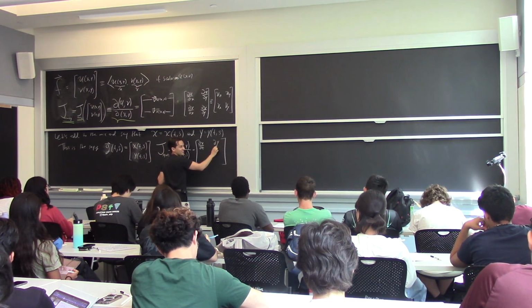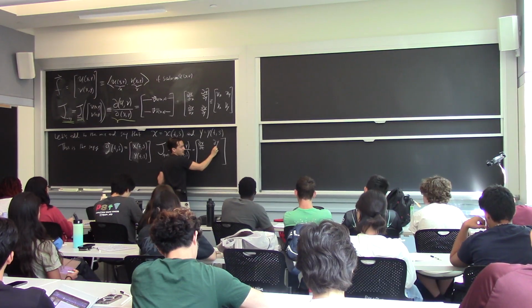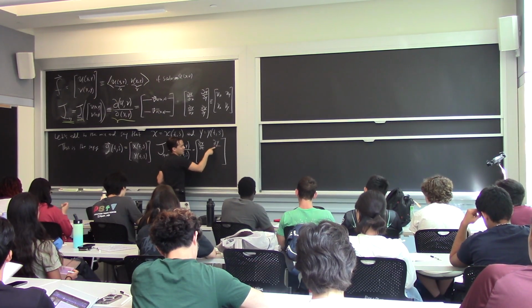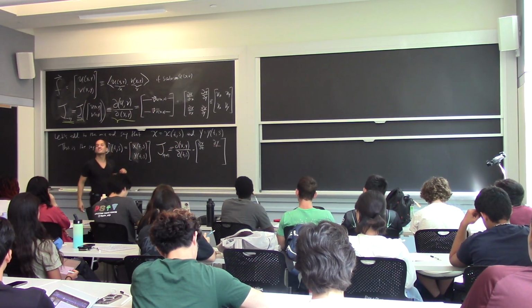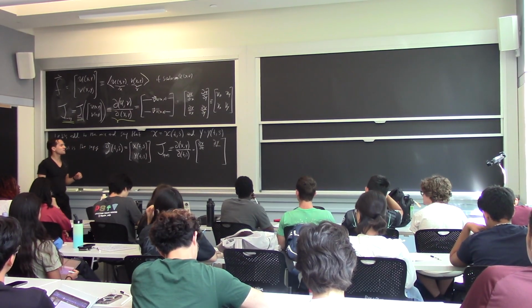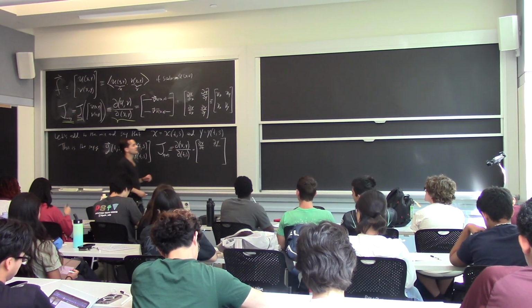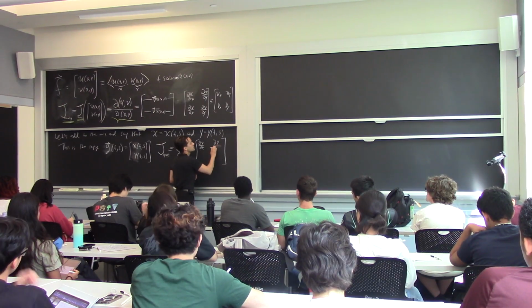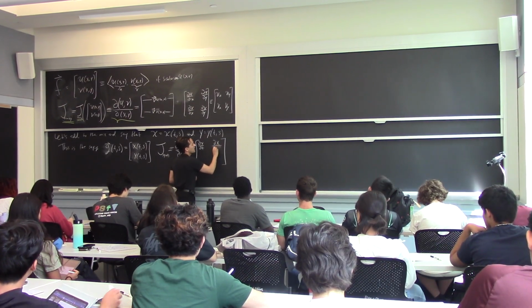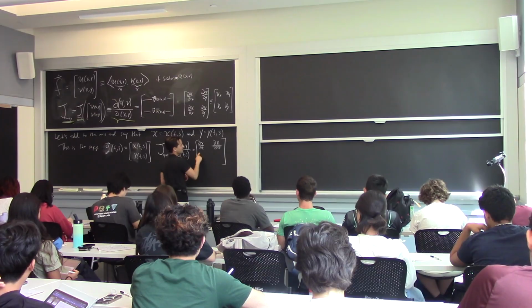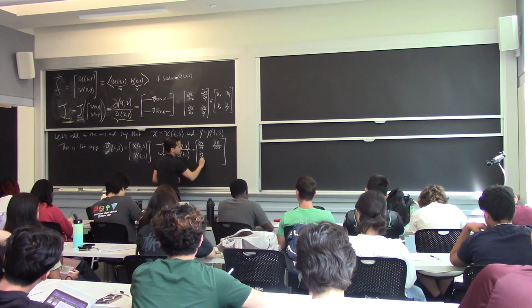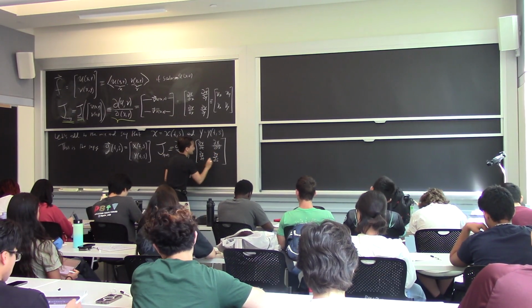Am I right or am I wrong? You don't agree? Who disagrees? What did I do wrong? They're both with respect to x. What goes here? Next up, dy by dt, dy by ds.